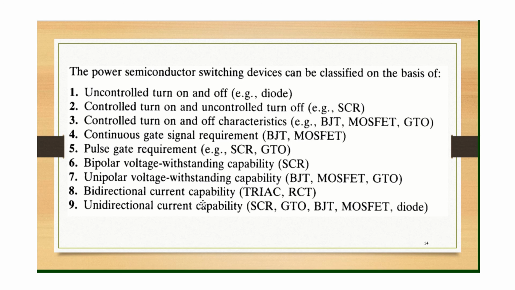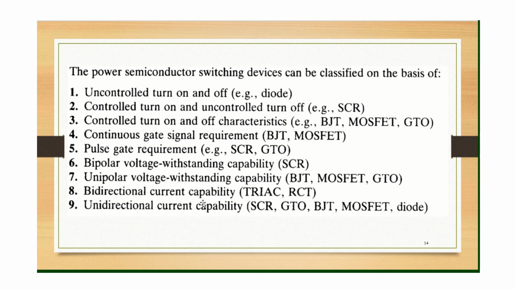For controlled turn on and uncontrolled turn off, it is the SCR. That means to turn on, you have complete control of the SCR, but turn off depends completely on the external circuit where it is used.